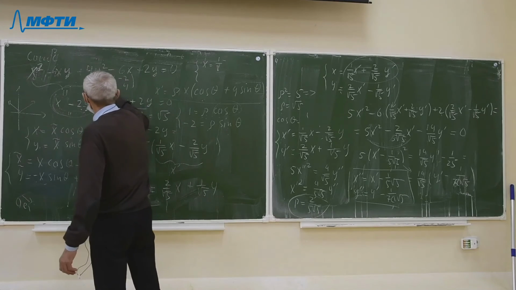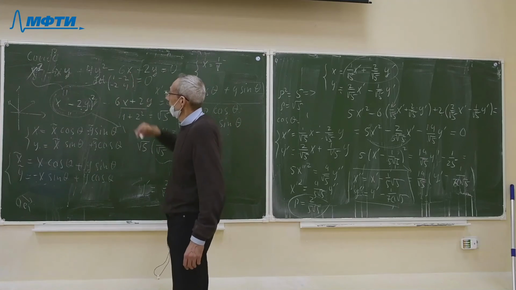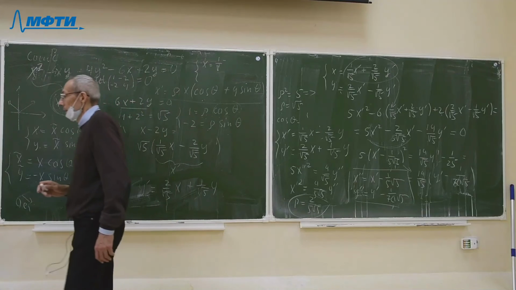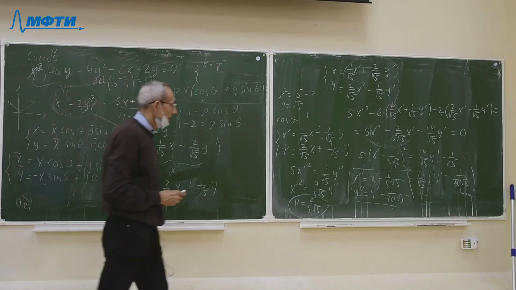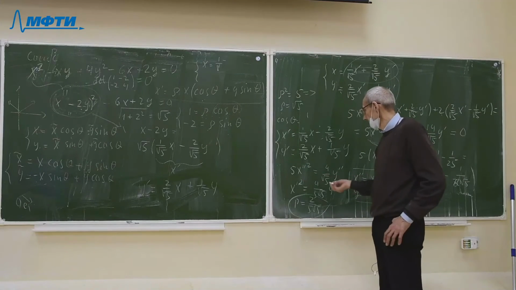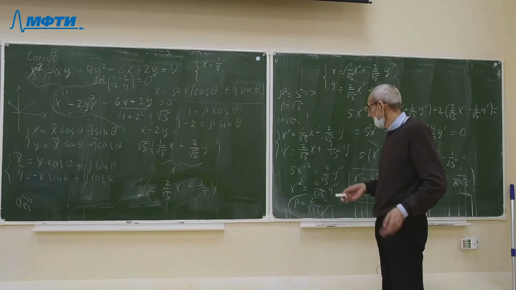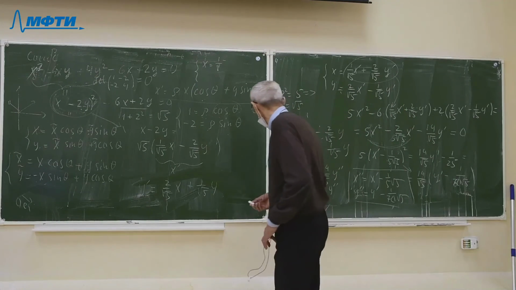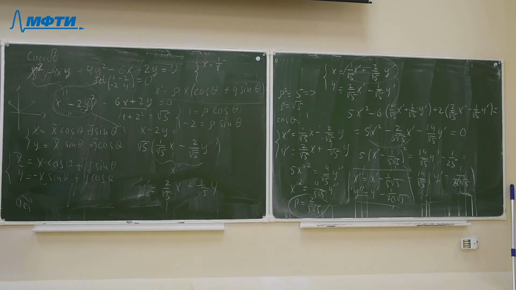And the determinant of this matrix is equal to 0. It means that this curve is of parabolic type. But if you want to calculate the parameters of this parabola and find the exact position of this parabola on the plane, we must do this calculation. Okay, any question?